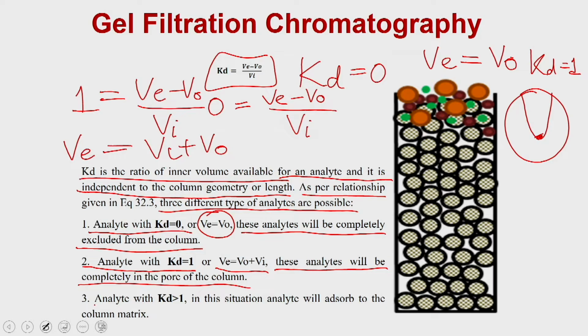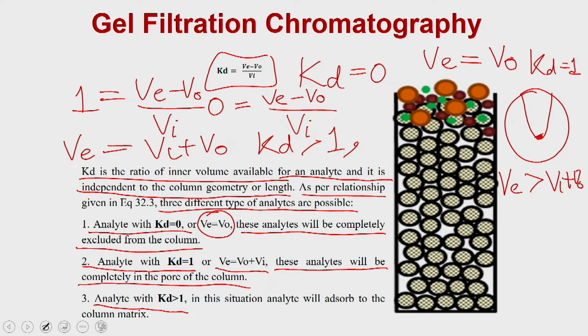Now, if you have a Kd value bigger than 1, what that means is that the VE is going to be bigger than Vi plus Vo.